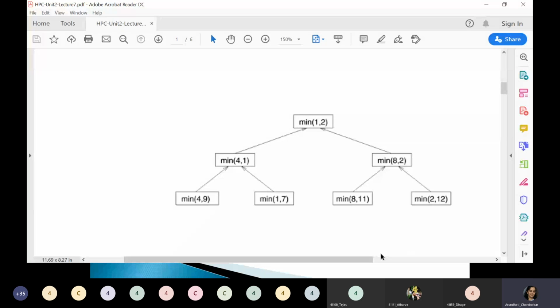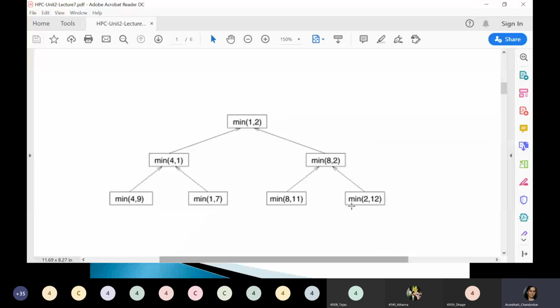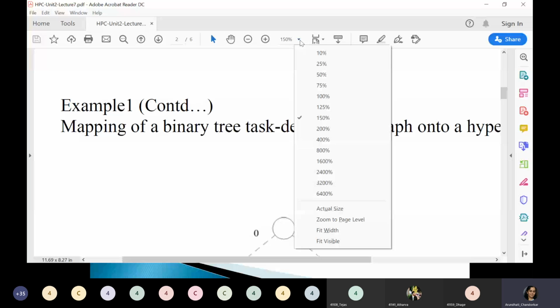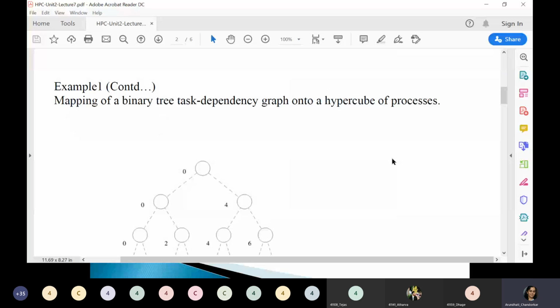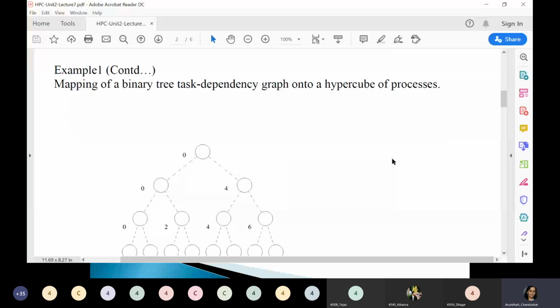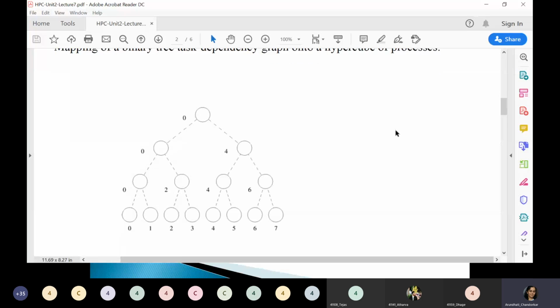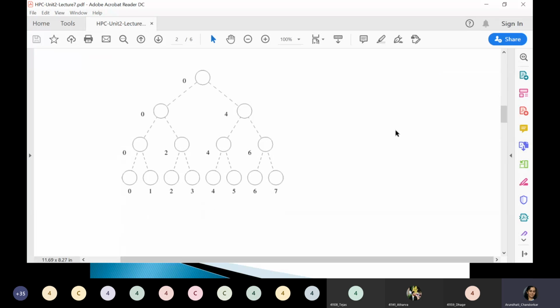Now map it to our discussion. Mapping of a binary tree task dependency graph onto a hypercube of processes. I am using 8 processes. This also I have shown you, or we had discussed.